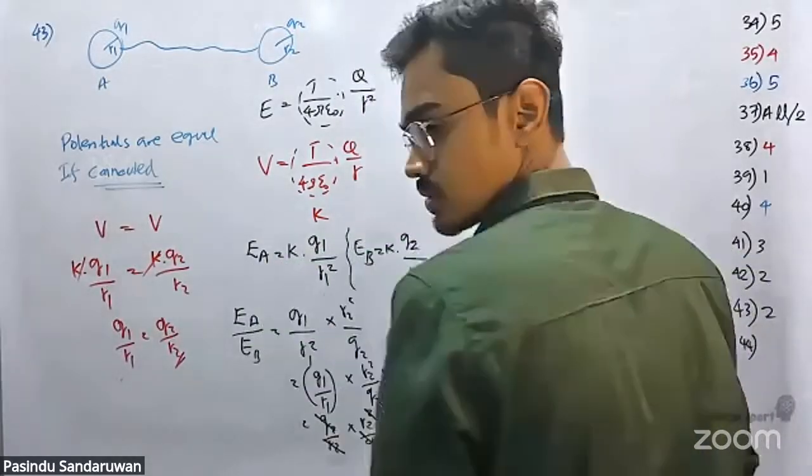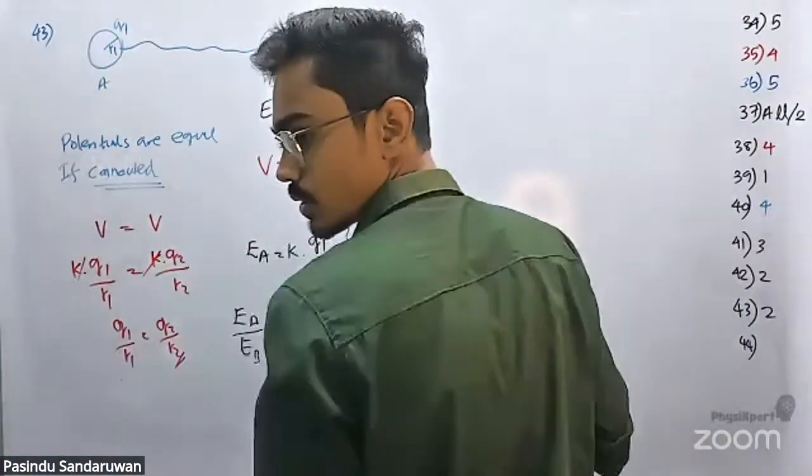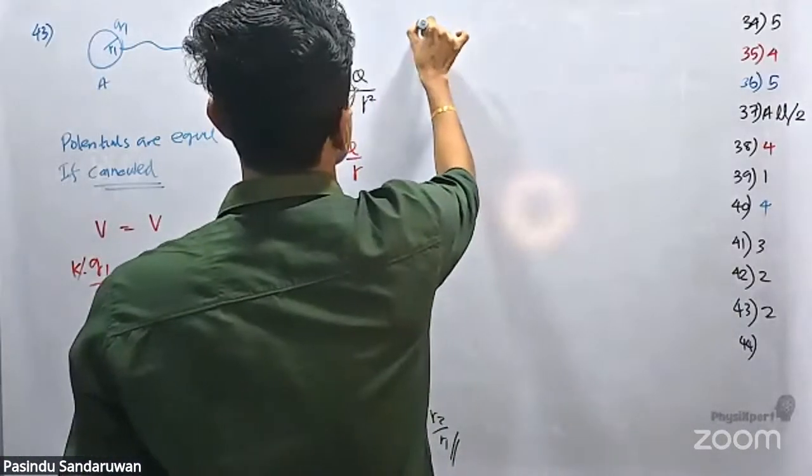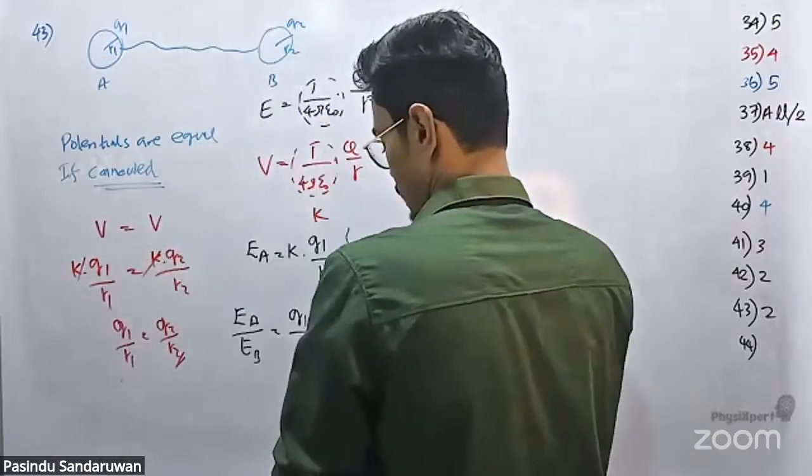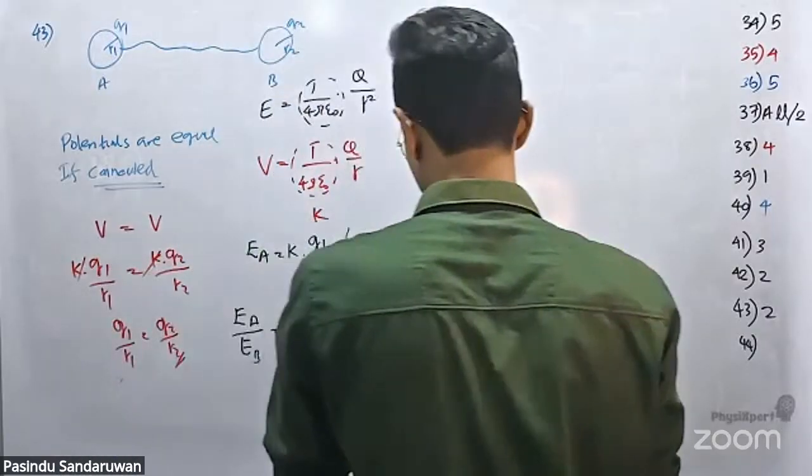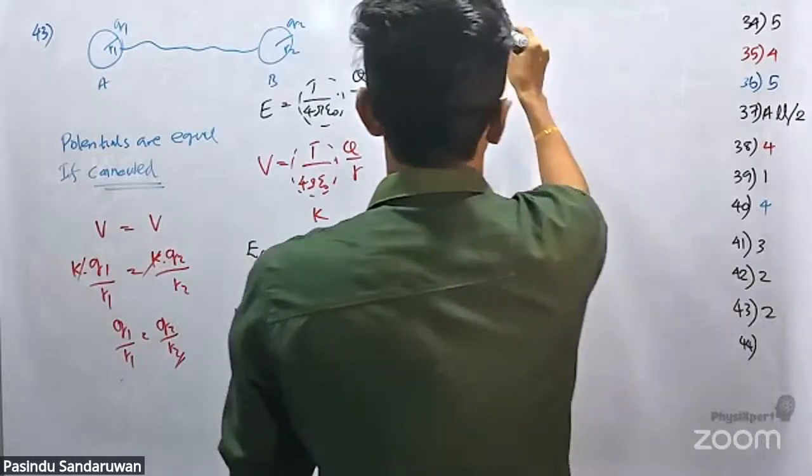Forty-four. If the potential difference of the ends of the cell B is 0, R is equal to, right?